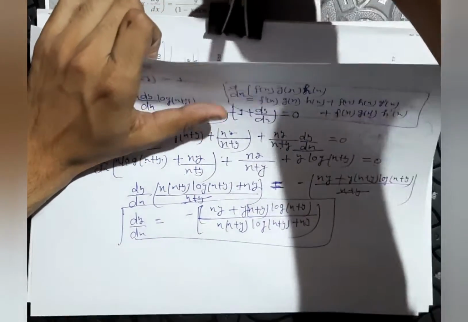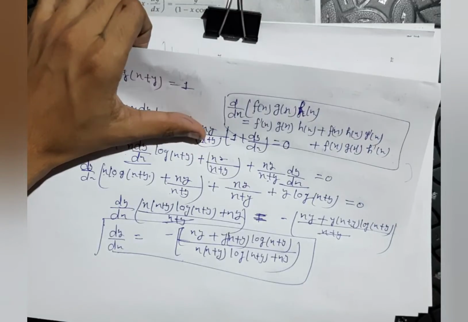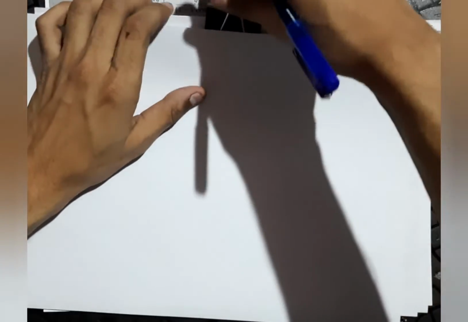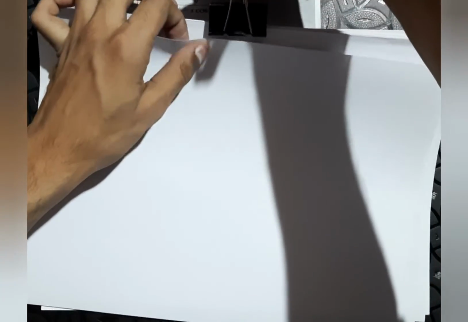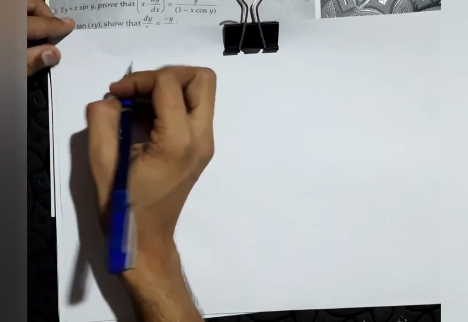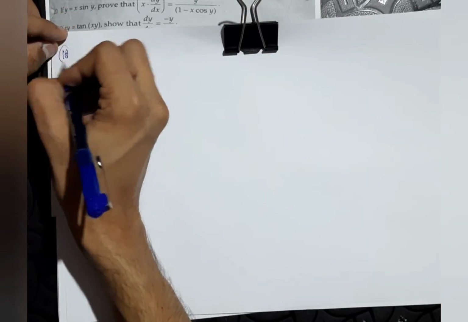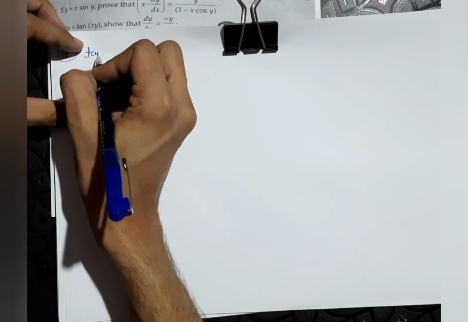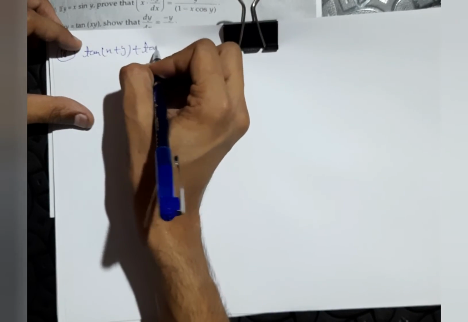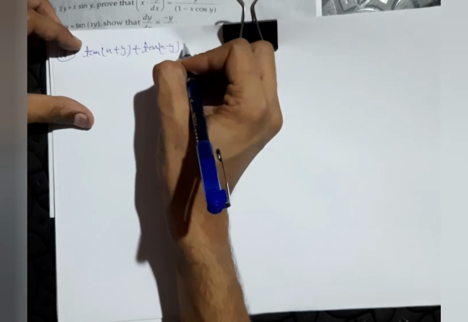Now let's do question number 18. Question number 18 is tan of x plus y plus tan of x minus y equals 1.